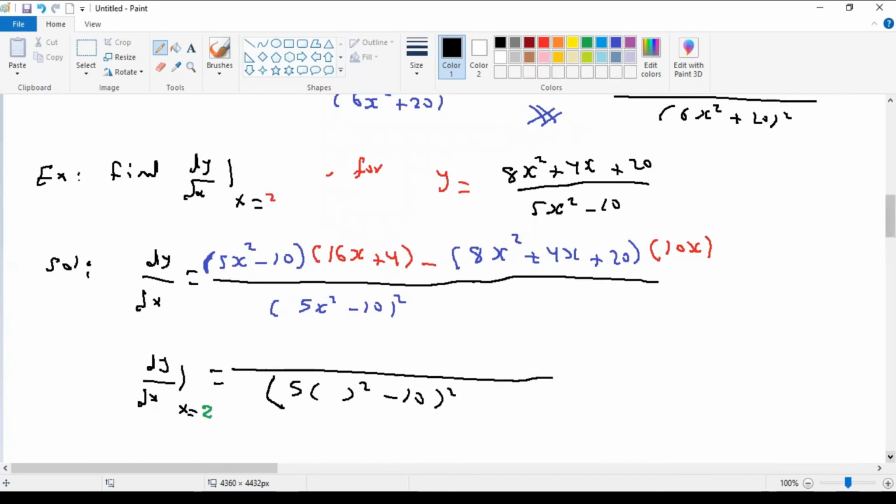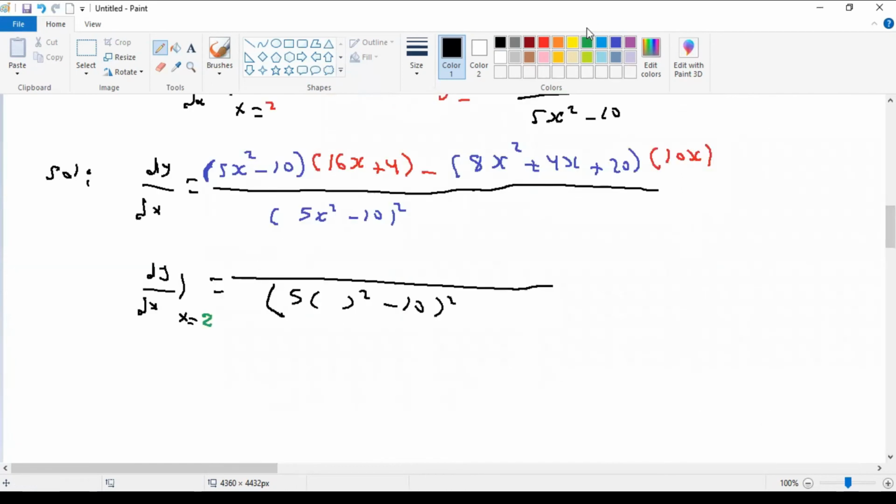Substitute x equal 2. Now 4 by 5 is 20, minus 10, 10 squared is 100. So it'll be here 100.